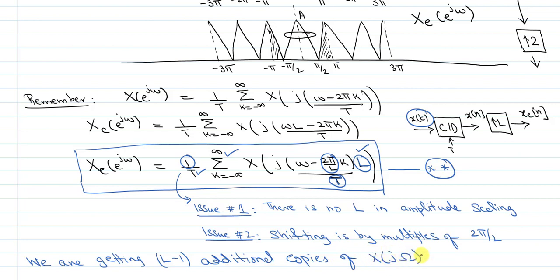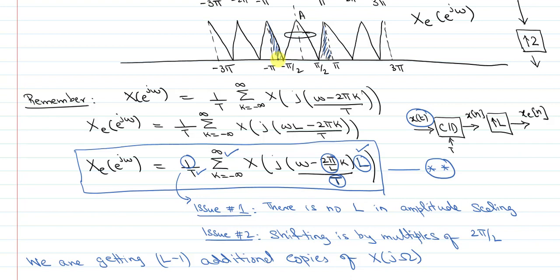We are getting more frequency content than we really need, which is very similar to what we were talking about here, that we are getting some additional copies when we were just comparing the Fourier transform of an upsampled sequence and the original sequence. So the challenge that we are left with is that we need to, quote unquote, kill some frequencies.